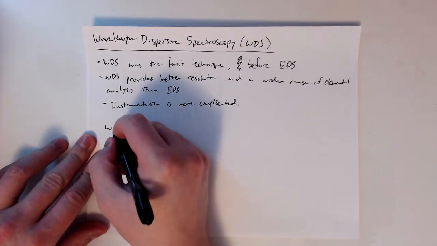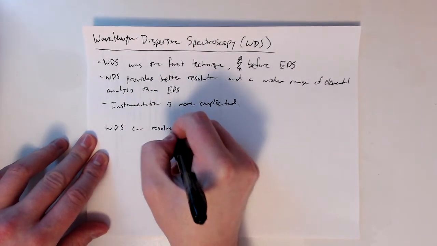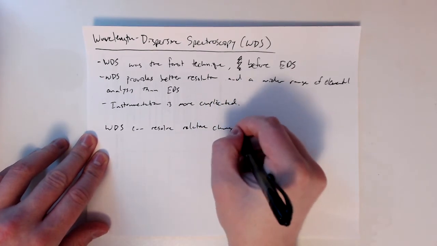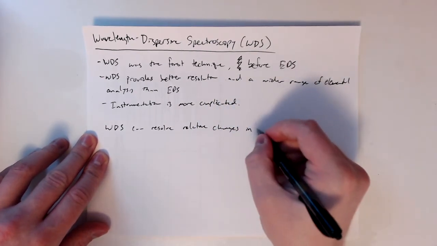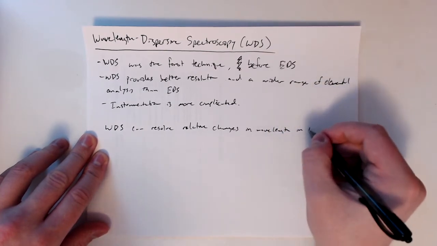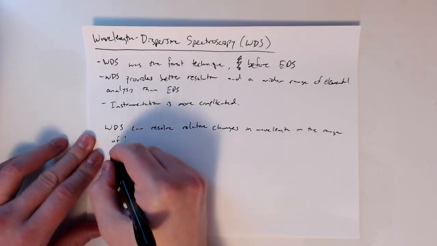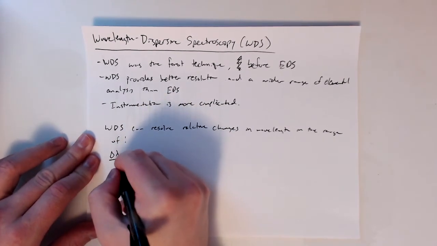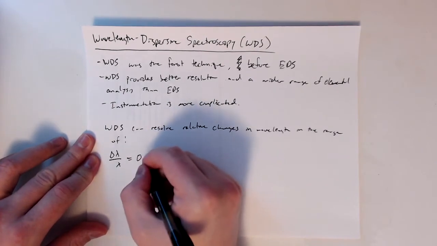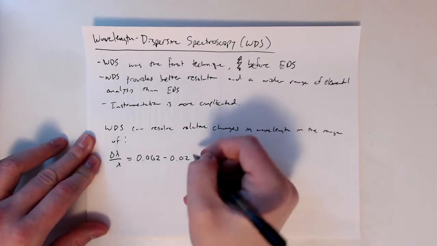So WDS can resolve relative changes in wavelength, and this is the change in wavelength over the wavelength itself, in the range of 0.002 to 0.02.